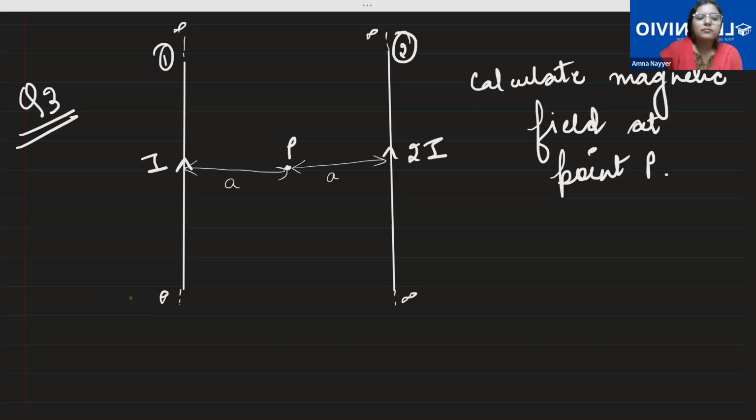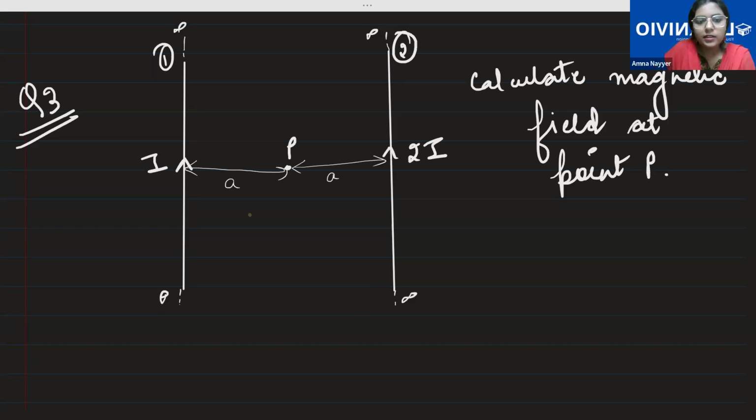Okay, ma'am. Now look, this is an infinitely long wire, and this is the point P that is present. Both the wires are infinitely long, so we just have the first case. The point P is lying in the center. Current is moving upwards, and the wire is extending up to infinity.